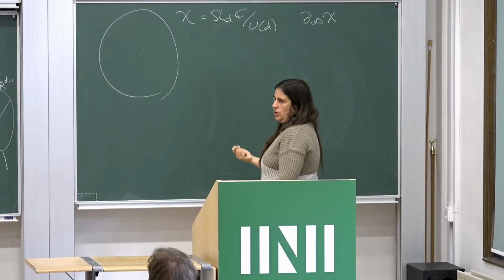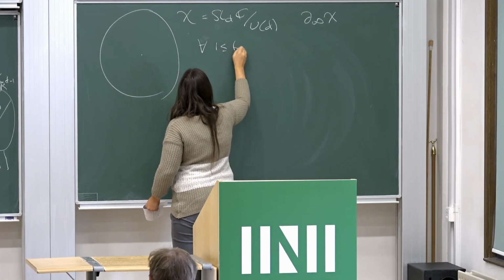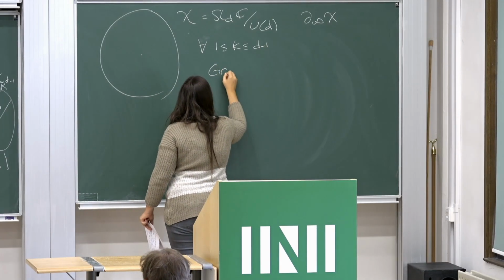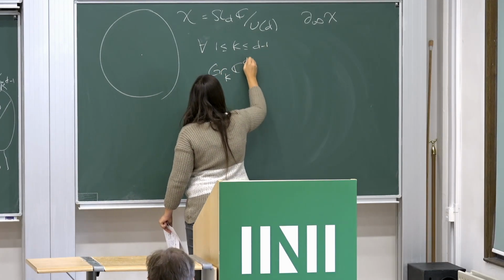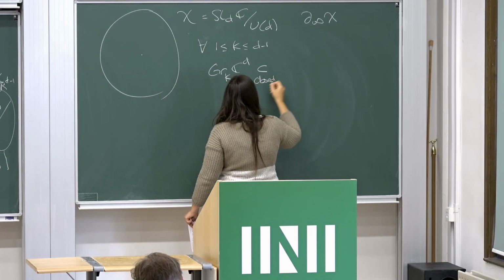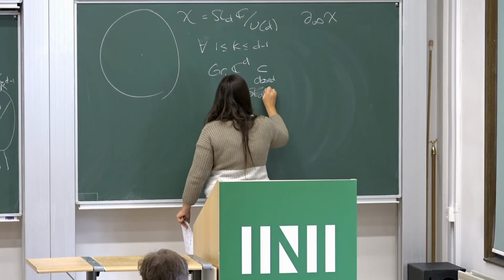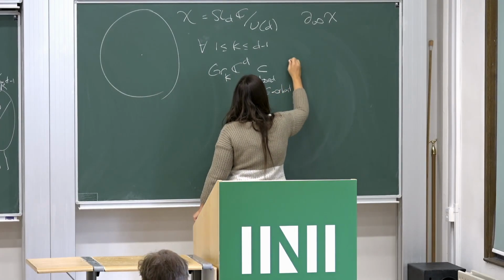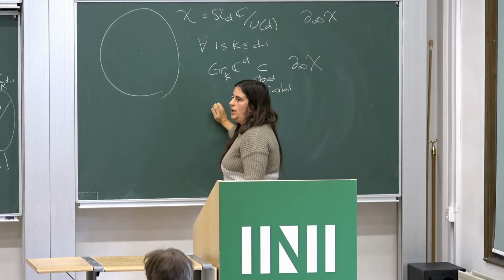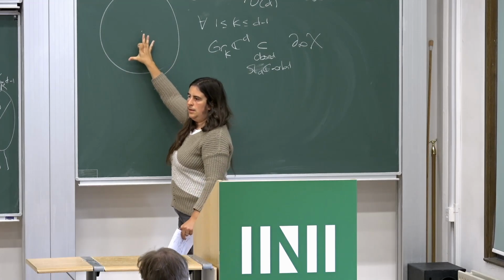I have a stratification, and for any k between 1 and d minus 1, the Grassmannian of k-planes of C^d is a closed SL_d C orbit in the boundary at infinity of X. So I can think of really this as some boundary of the symmetric space.